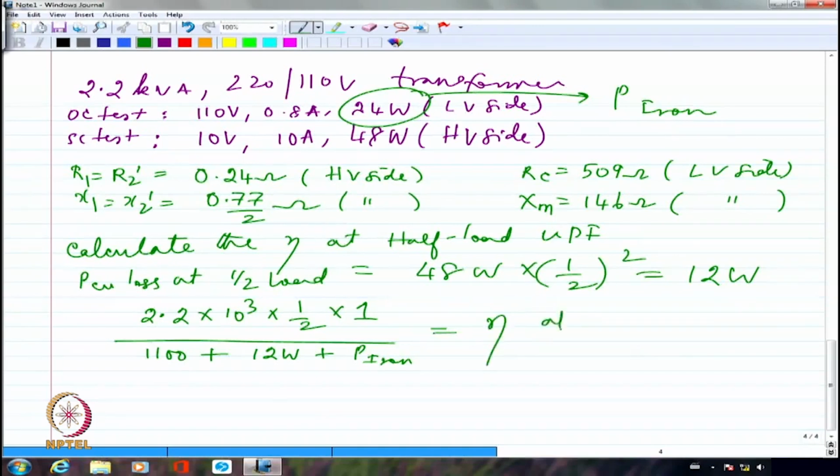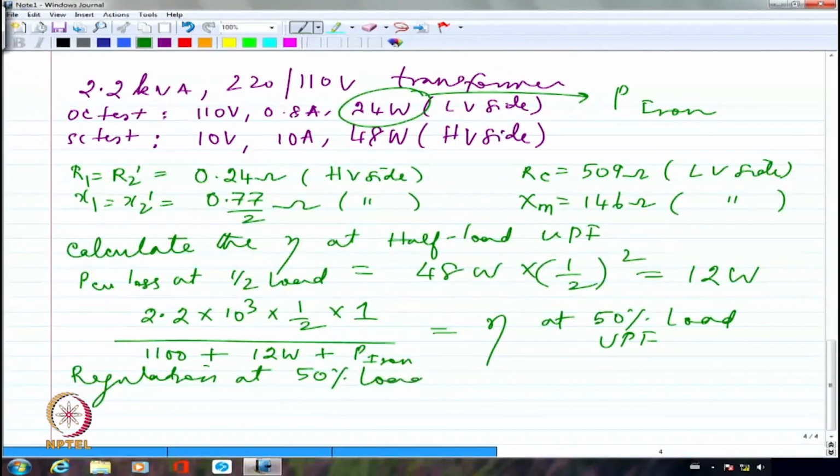If I ask you to calculate, for example, the regulation at 50% load, 0.8 power factor, lag, for example. So if it is lagging power factor, I can say cos phi is 0.8 and sin phi correspondingly will be 0.6, because 0.8 square plus 0.6 square root is 1.